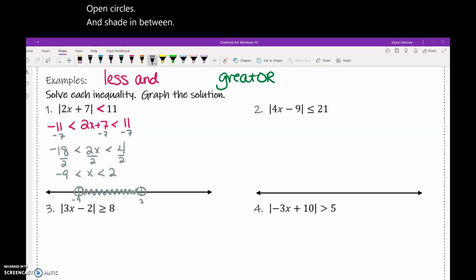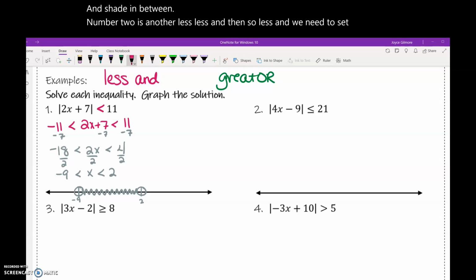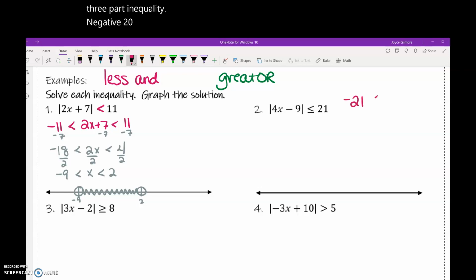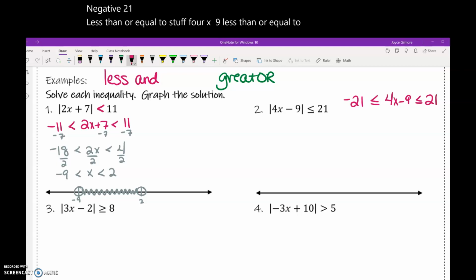Number 2 is another less and than. So less and, we need to set up a 3-part inequality. -21 less than or equal to stuff, 4x minus 9, less than or equal to +21.